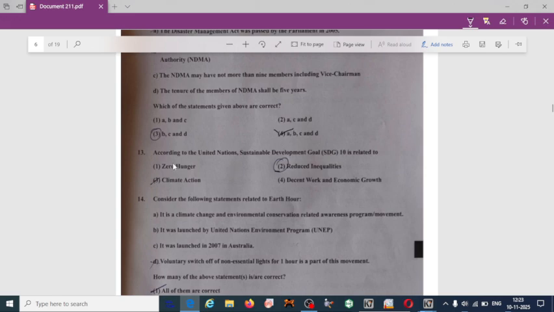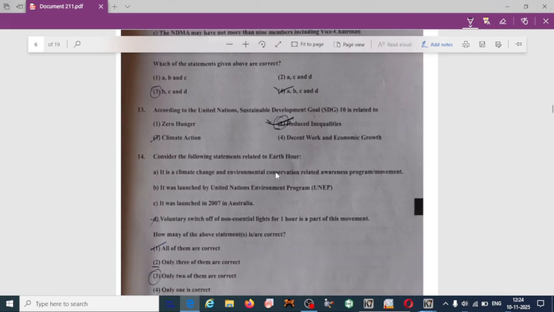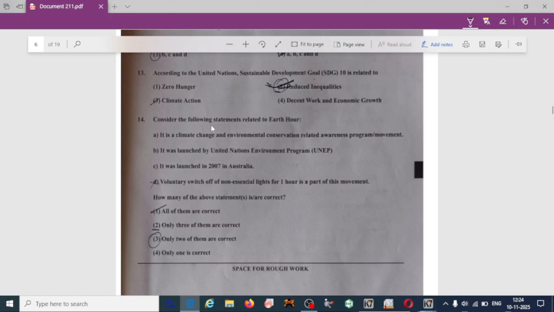A, B, C, D. According to United Nations Sustainable Development Goal SDG 10 is related to reduced inequalities. Option 2 is correct. Next, consider the following statement related to Earth Hour.